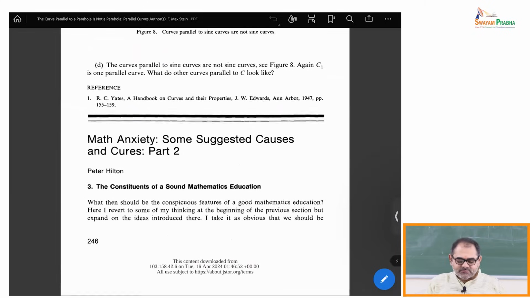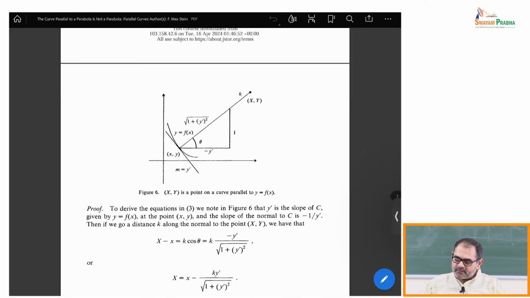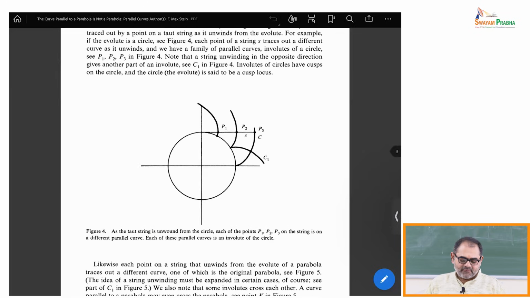So this is a very good thing to look at. This is one nice paper that I want you to look at. So you can note this down. Please note this down and have a look at it.